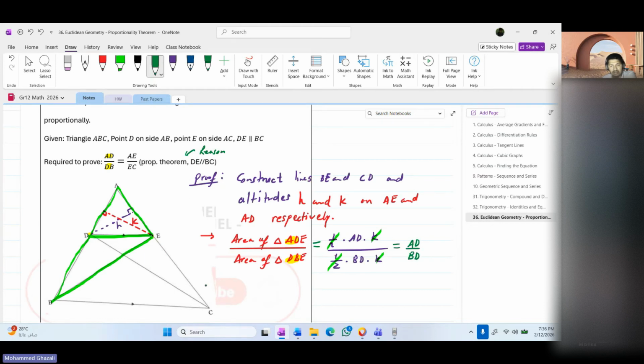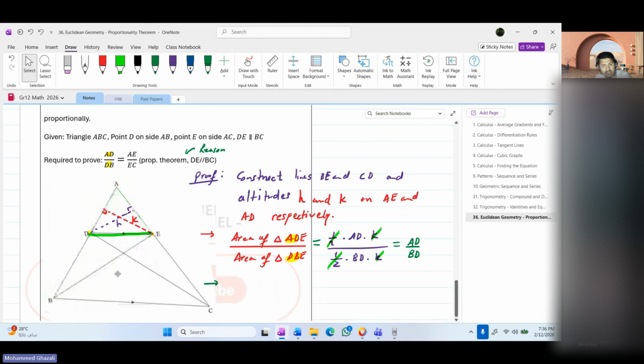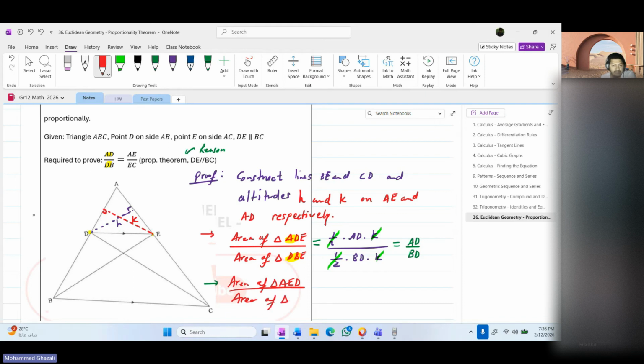Now the next part, you take a ratio on the other side. Let me take this green part out. Now you say area of triangle AED over area of triangle, looking at this side now.